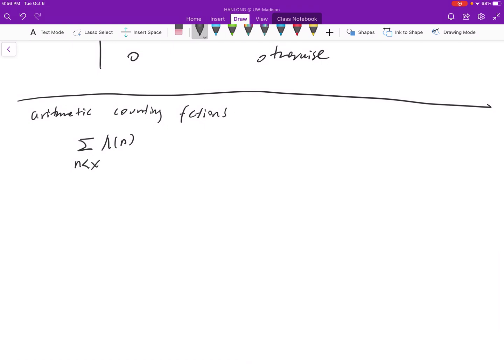The sum of Λ(n) for n less than x. So you see this will be the sum over all prime numbers p such that p^m is less than x.